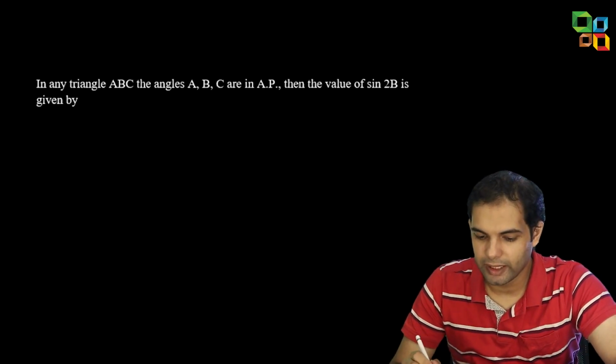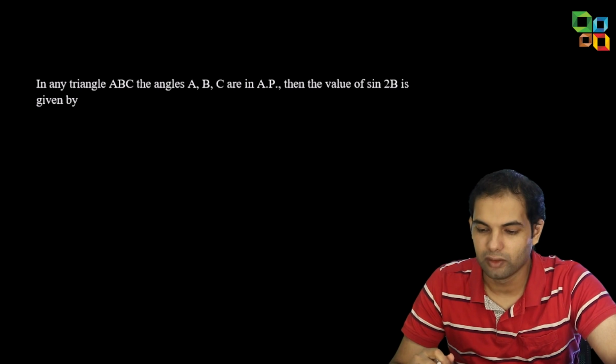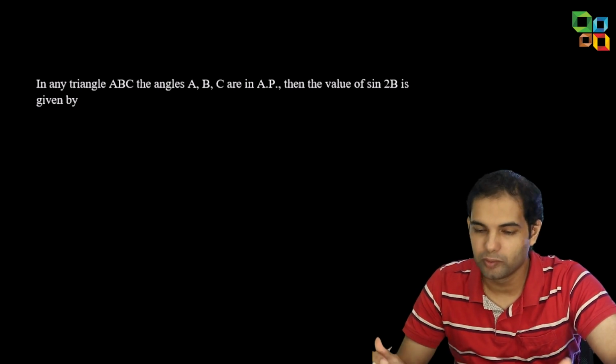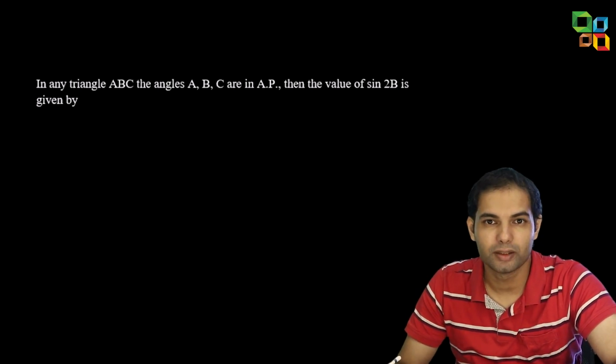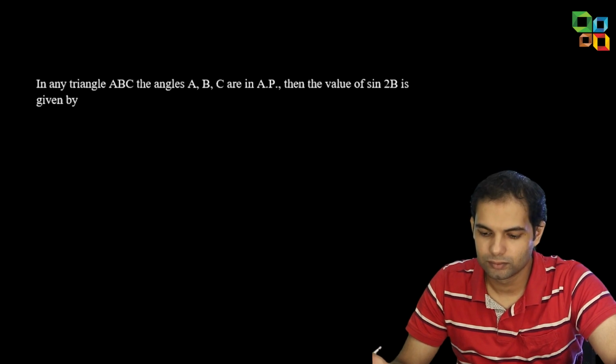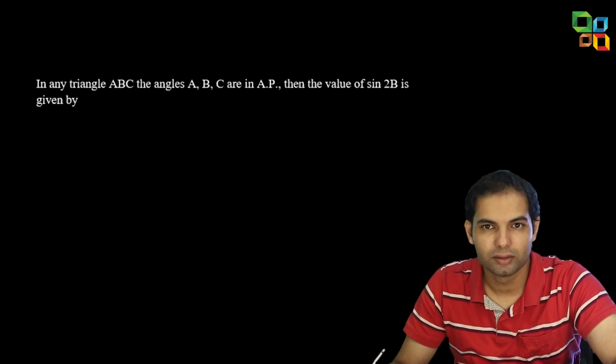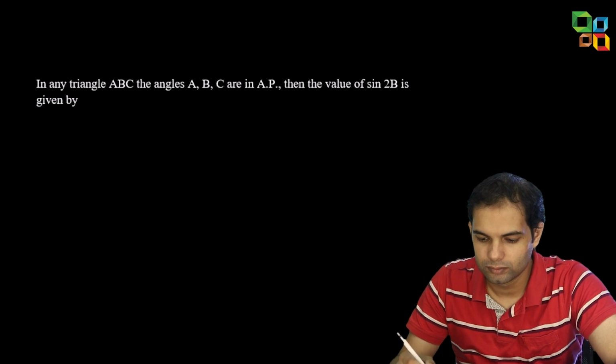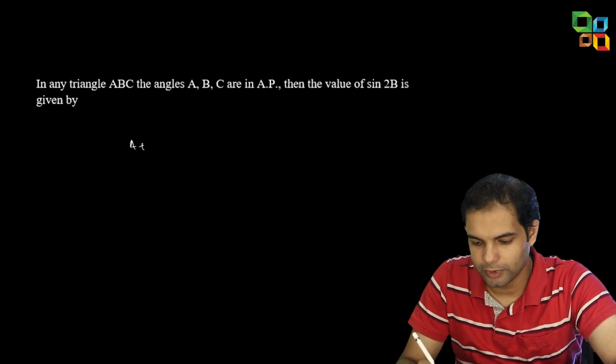How do you get the angle? What information do you have? We need sine 2B, so obviously we want B to get the answer. Yes, 60 degrees. How do you get 60 degrees? A plus B plus C is 180 degrees. We know the sum of the angles of a triangle is 180 degrees.